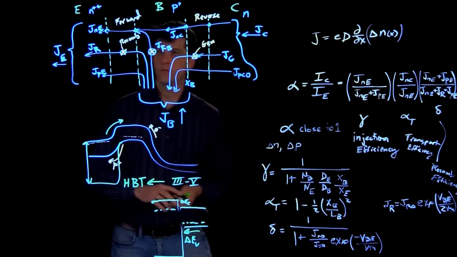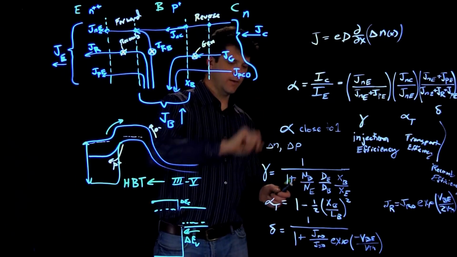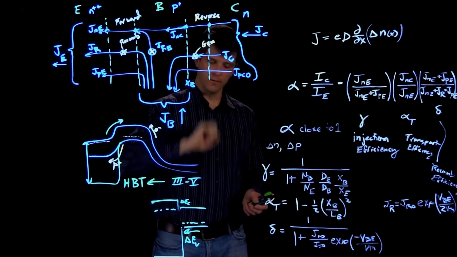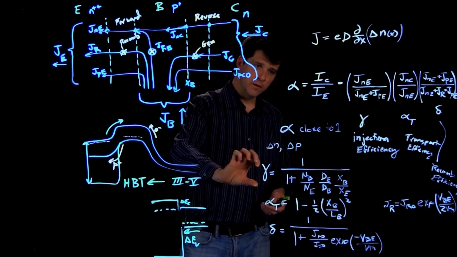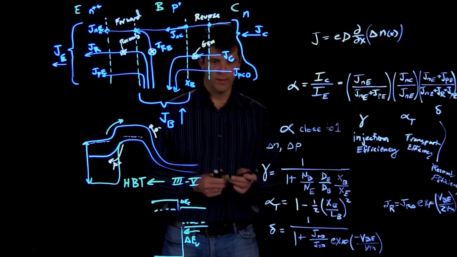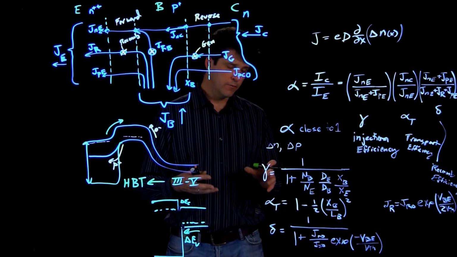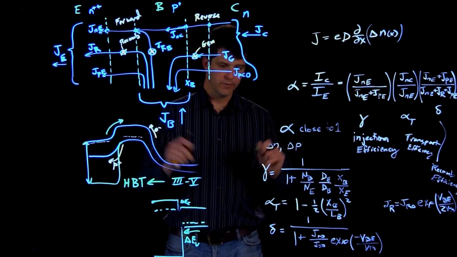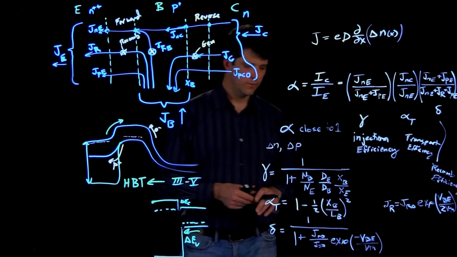Okay, so we've managed to relate all of the parameters that go into the gain factor alpha back to the dopings and thicknesses of the individual regions. Now, once we have alpha, remember that we can relate alpha back to beta with some simple formulas. And thus, without having to actually solve the complete transistor to get the beta directly, we can also calculate beta knowing these factors here.